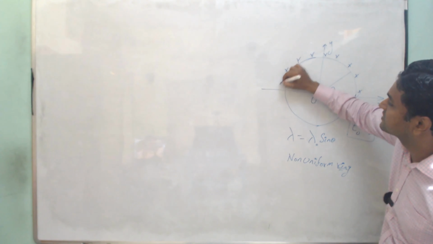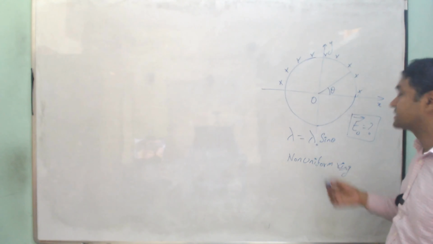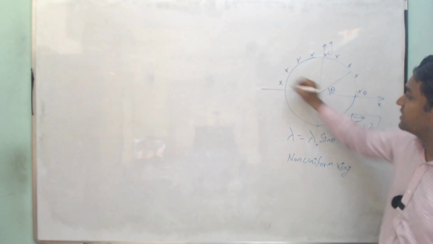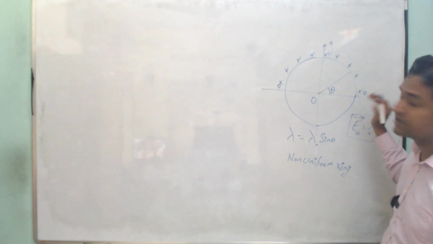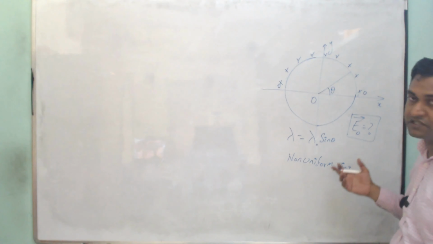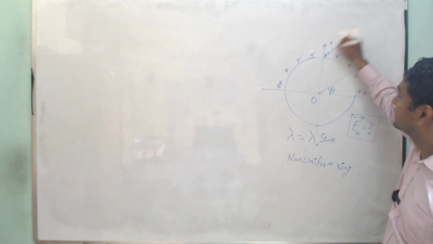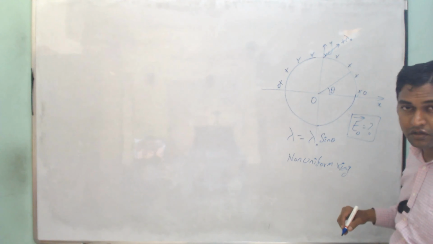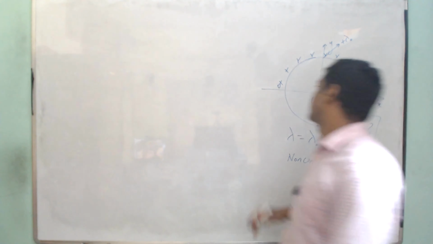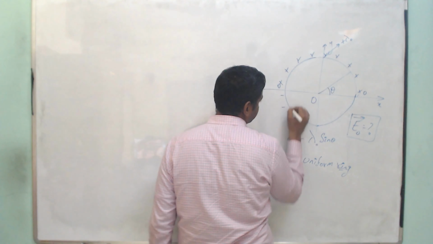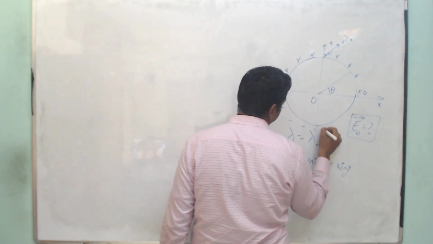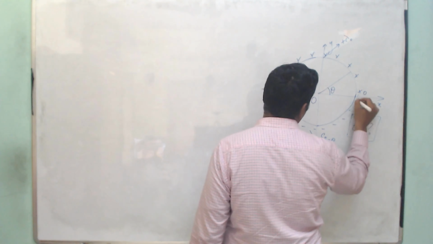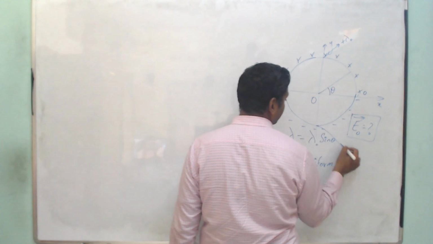Next, along the x-axis wherever the ring is there, lambda is 0. But at the topmost point, lambda is lambda naught. Same goes for the part below, negative charge on the third and fourth quadrant, it will be minus lambda naught over here.